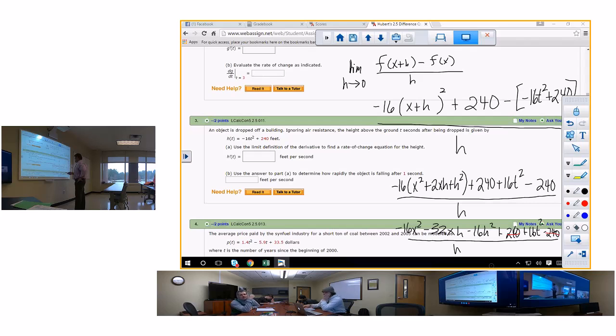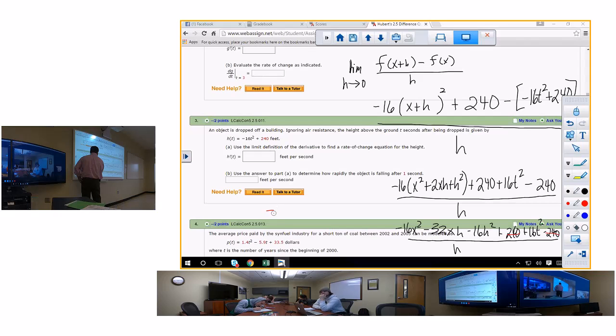Okay, all right, so we've got something wrong somewhere. I'm going to go ahead and rewrite it. Negative 16x squared minus 32xh minus 16h squared plus 16t squared. I shouldn't have that over h.